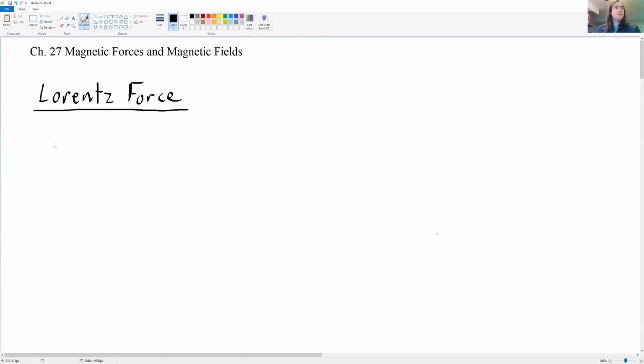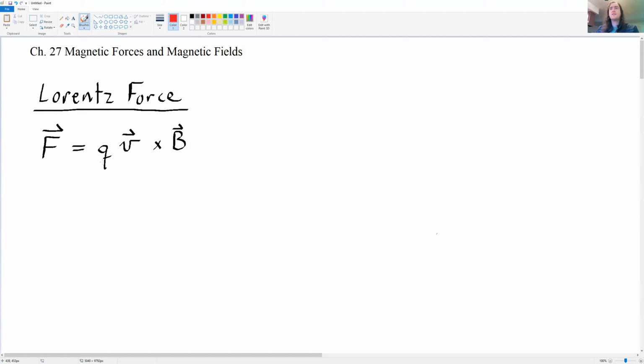Okay. And I'm going to start by introducing the full-blown vector form for the Lorentz force on a charged particle moving in a magnetic field. Since I know you guys are mathematically capable here, a lot of you are in vector calculus. And this is the equation here, but we need to have a picture to go along with it.